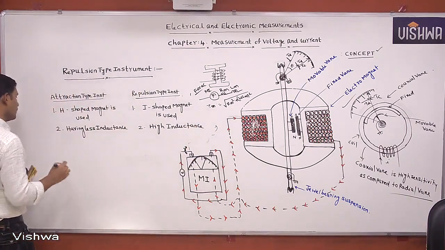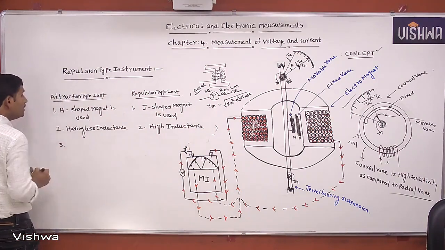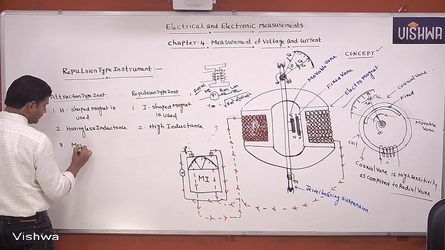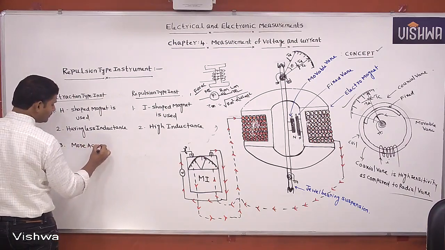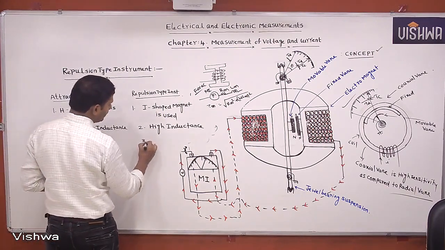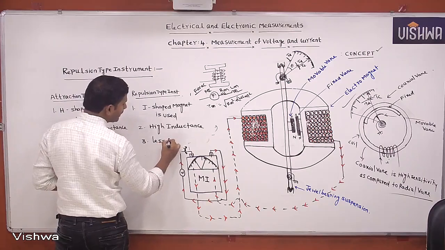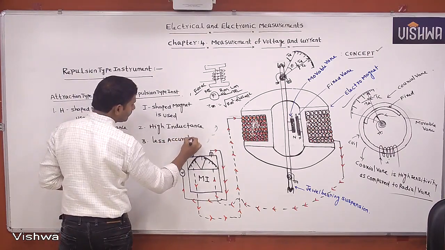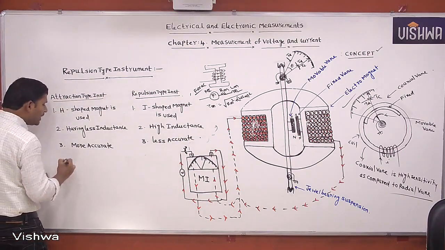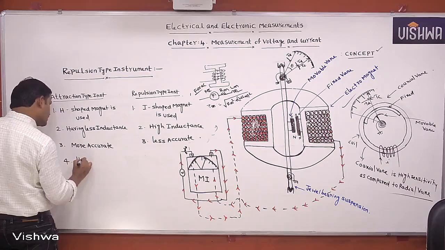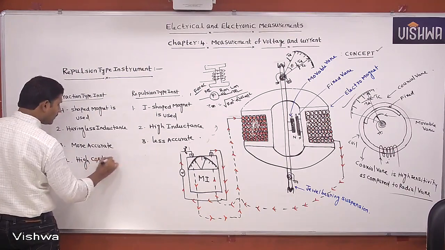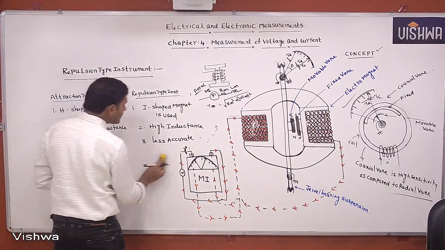Okay. Then one more point to remember. This is more accurate, but the repulsion type instruments are less accurate. Then these attraction type instruments are high cost, and these repulsion type instruments are less cost.